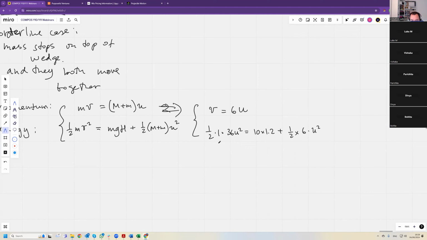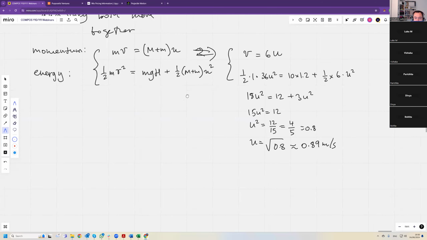And from here, it's 18u squared equals 12 plus 3u squared. 15u squared equals 12. u squared equals 12 over 15, that's 4/5, 0.8. u is the square root of 0.8, which is approximately 0.89 meters per second.